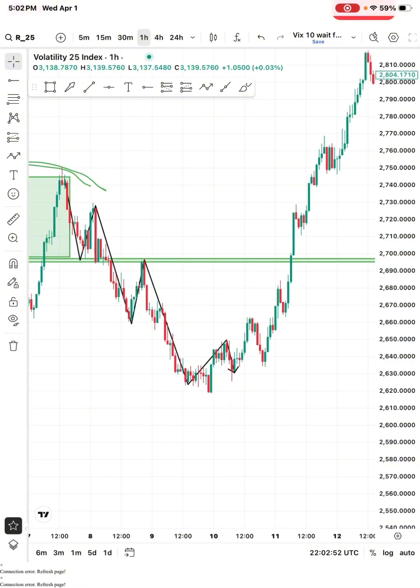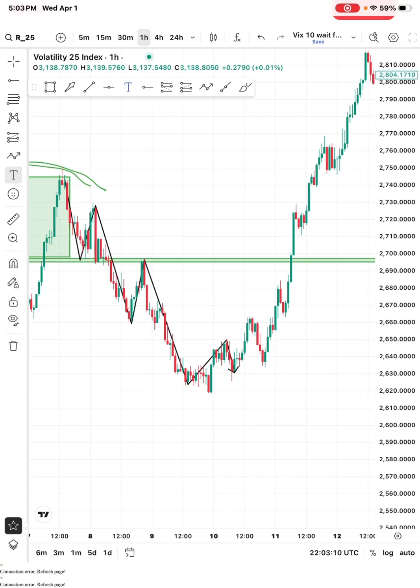It's no longer in a bearish trend, it's changing trend. How do I know it's changing trend? Because the lower lows aren't getting lower, they're now getting higher.